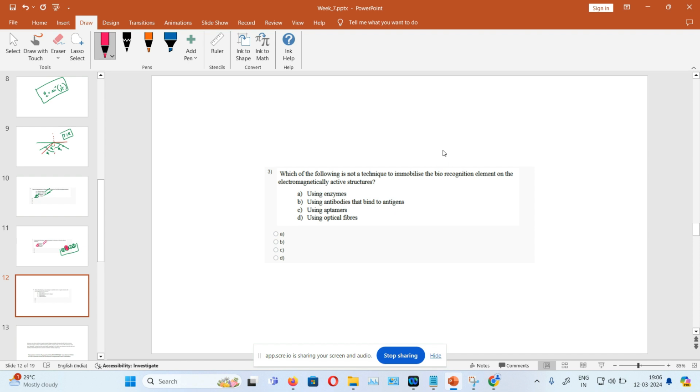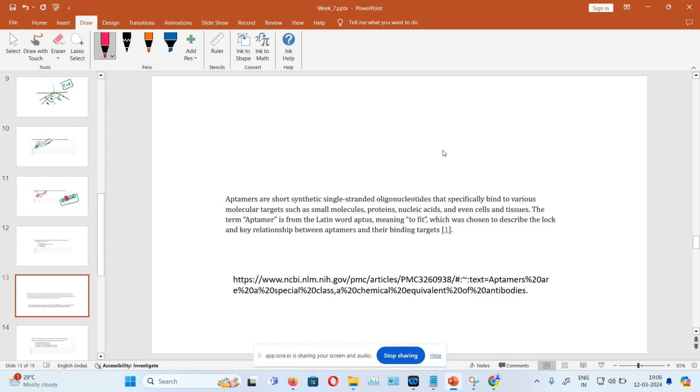Using antibodies that bind to antigens. That is also a specific binding. If your entity has an antigen kind of structure or antibody kind of structure, that can also be used to bind and immobilize the biorecognition element. Using aptamer.